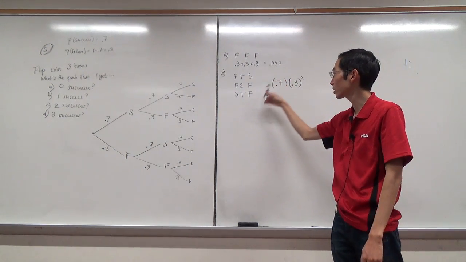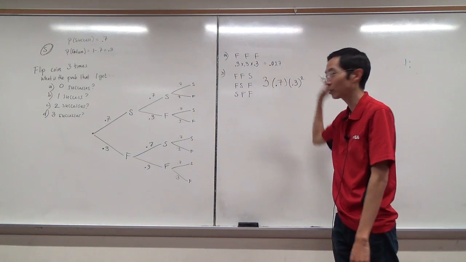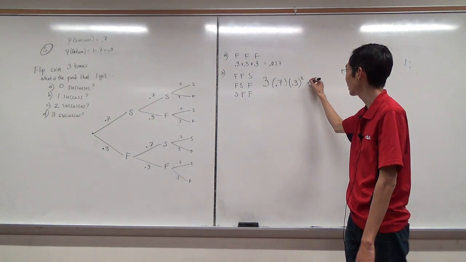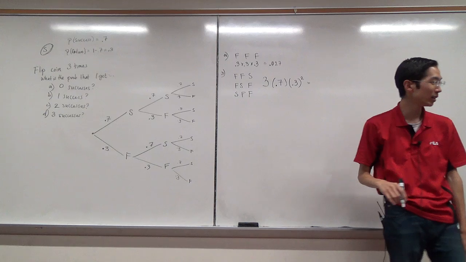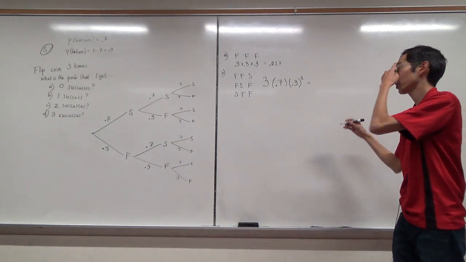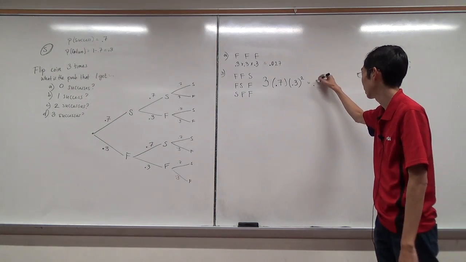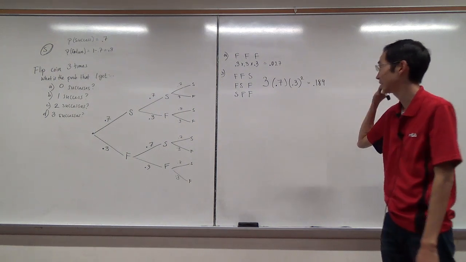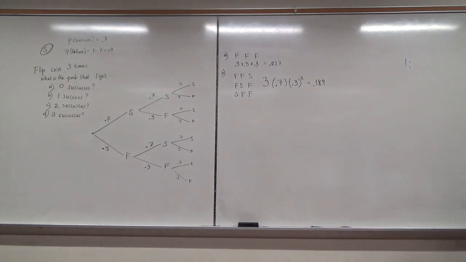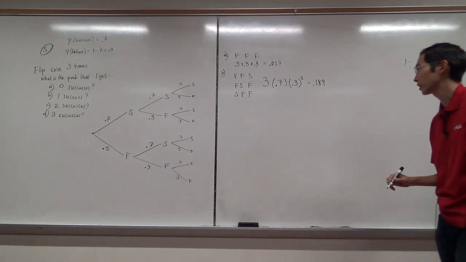But how many different ways are there? It could happen 3 ways. And so my total probability here, 0.063 times 3, is 0.189. I hope I'm doing that correctly. And that's what we have there.